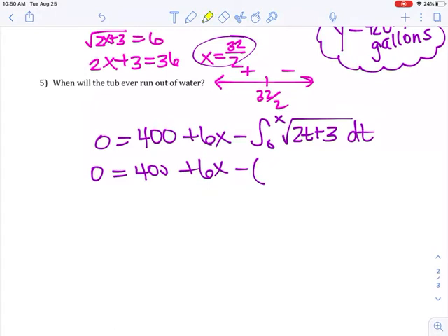So my best advice to you would be to go ahead and rewrite this equation by taking this integral and actually performing the integration, okay? And then plug in x minus plug in 0.